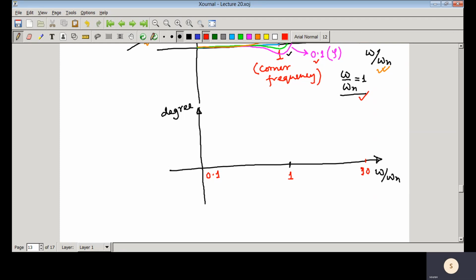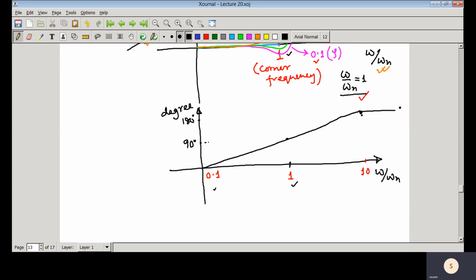Then what would be that slope? That means at corner frequency, this value is 90 degree, and when it is very high, 180 degree. So like that first order term, you take one decade above that corner frequency, that is 10, and one decade below, that is 0.1.